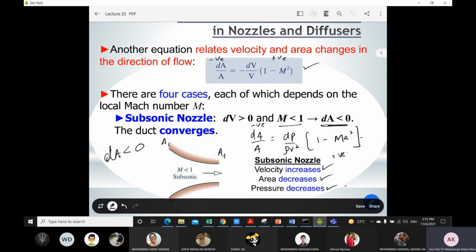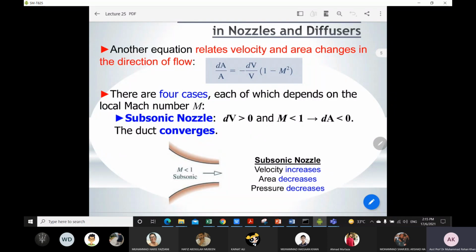So similarly, we will try to develop and look at the other cases. Okay, another important point is that when there is an isentropic flow with a change in pressure, for example, your pressure decreases, so your temperature also decreases and density also decreases. How can you figure this out?